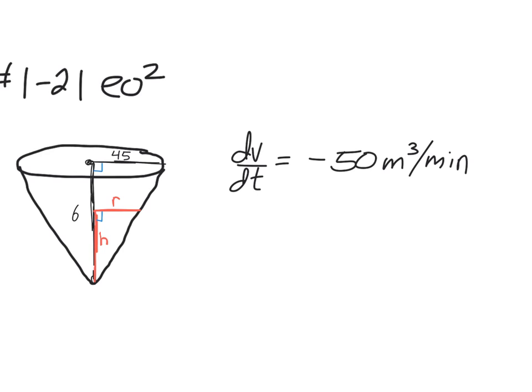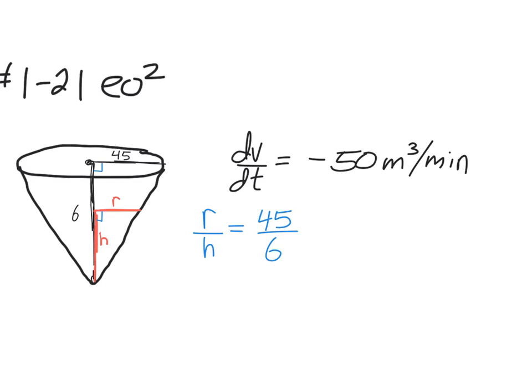All right. So we'll have a proportion because overlapping triangles are in proportion, or at least these overlapping triangles. So R over H corresponds to 45 over 6. Now, again, the question: how fast is the water level falling?